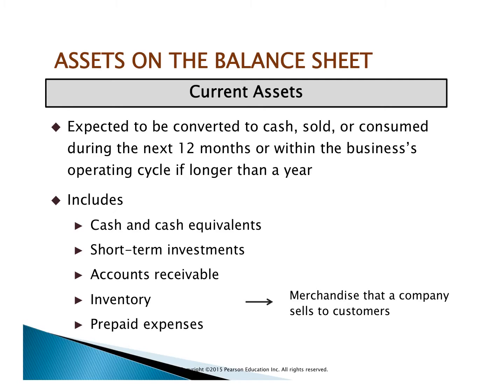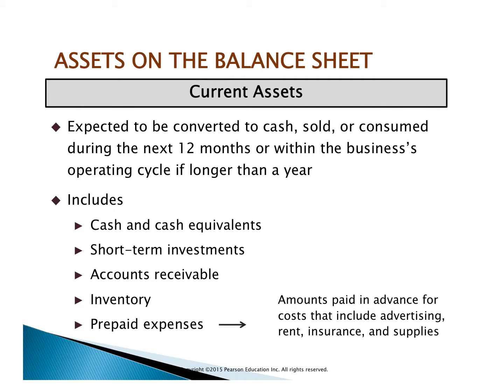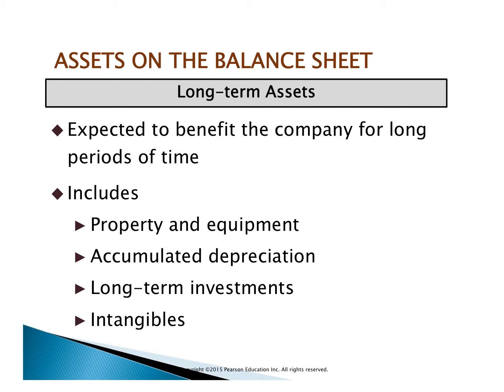Inventory is the merchandise that a company buys and holds and then sells to its customers. Prepaid expenses are amounts paid in advance for costs that include advertising, rent, insurance, and supplies. The main categories of long-term assets are property and equipment, also called plant assets, and intangible assets such as goodwill.